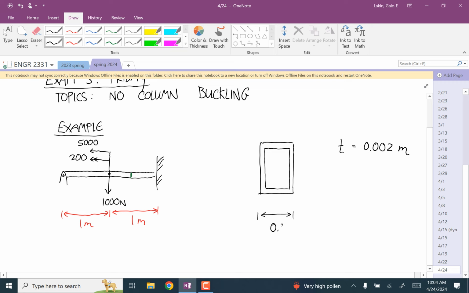And this is 4 centimeters. And this is 8 centimeters. And let's say that we want to calculate the stress tensor here.